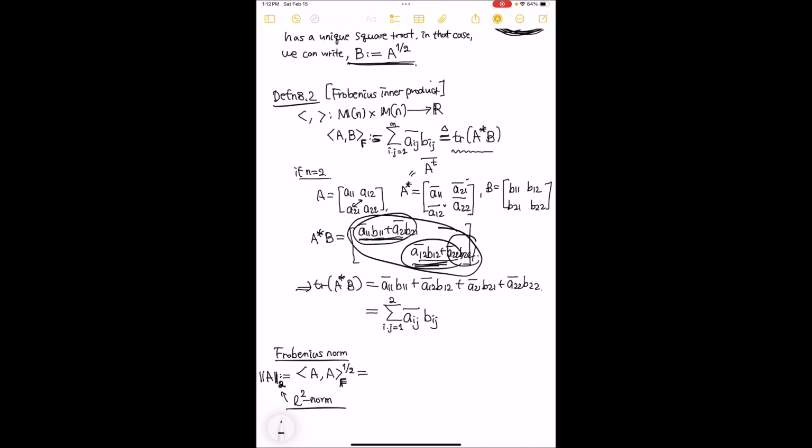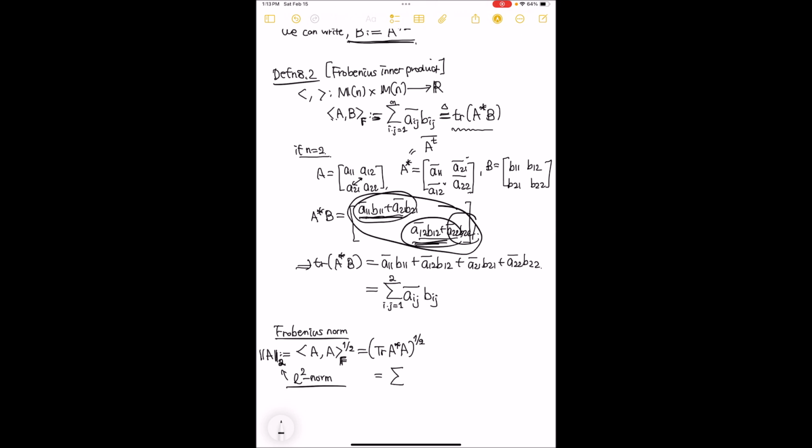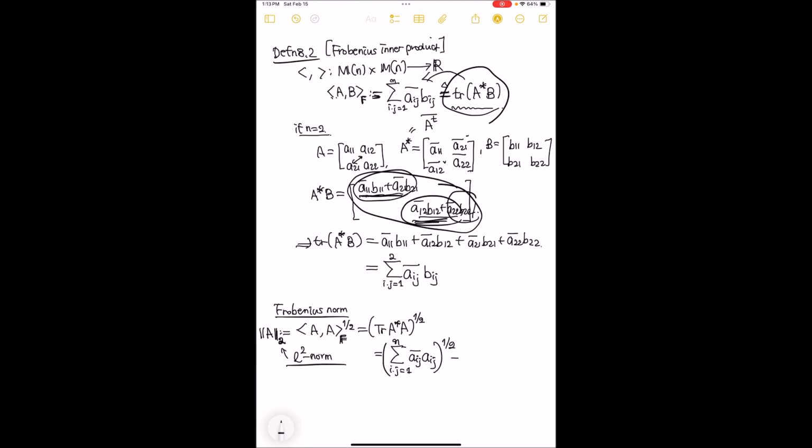By definition, it is written as the square root of trace A star A. By the definition of the Frobenius inner product, it is written like this, with each component expressed as the length of the scalar, and that is written like this.